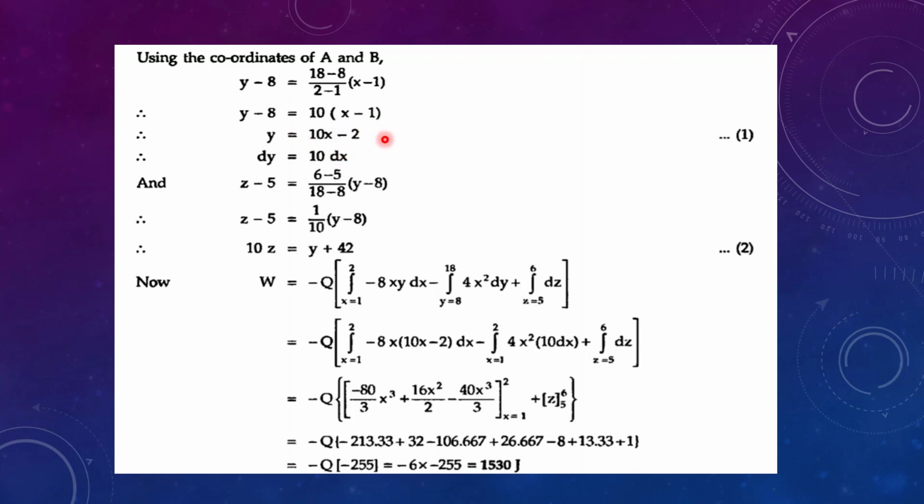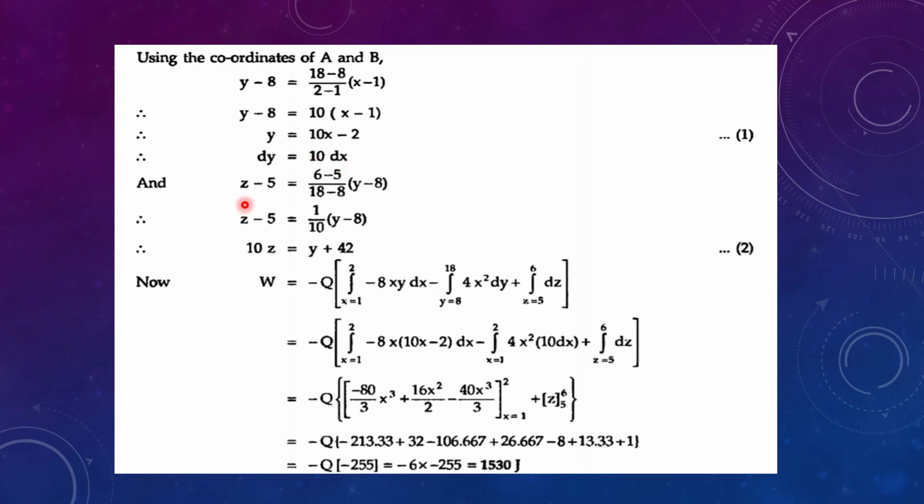This is our straight line equation. Now again we'll use this equation to find dy, and we'll change the complete terms in terms of dy or dx. We'll replace y by this value, and dy by this value in the given equation, so that the equation becomes simpler. Now dy is the derivative of 10x minus 2, which is equal to 10 dx.